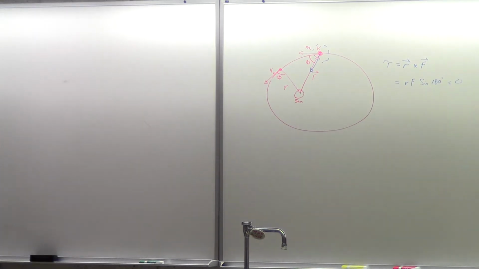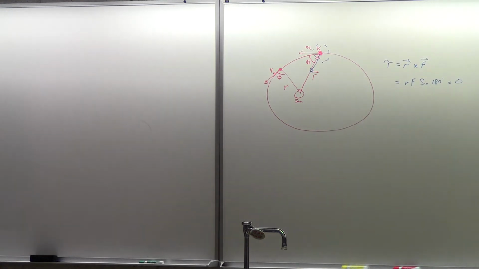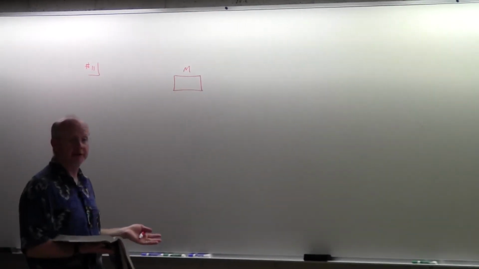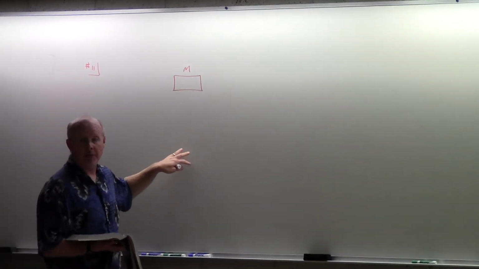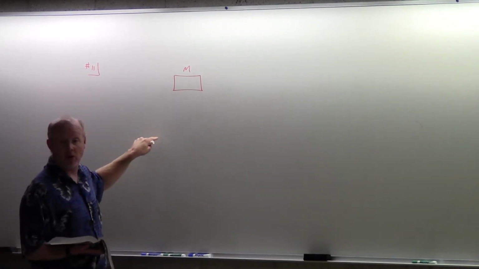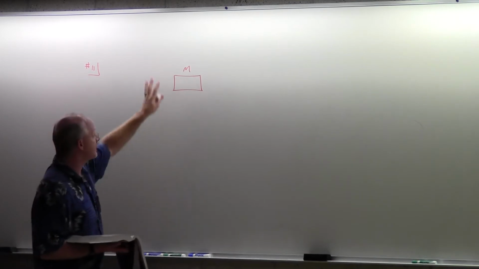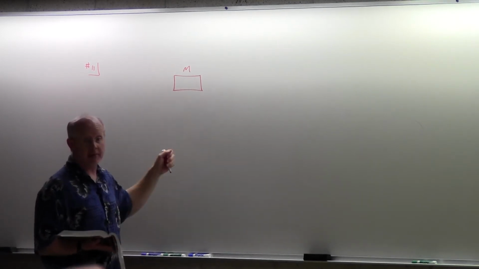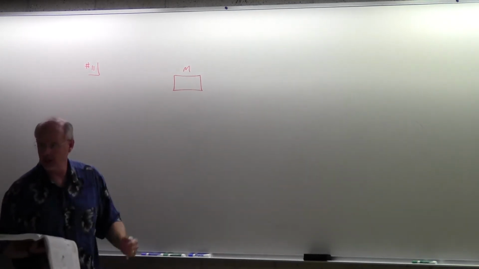It says a wooden block of mass capital M. All right, so this is going to be my wooden block, mass capital M, resting on a frictionless horizontal surface. Since I'm drawing it on the whiteboard, let's pretend we're at the ceiling looking down. This is the top of the horizontal surface. So I've got this wood block sitting on this white table, and you're at the ceiling looking down.